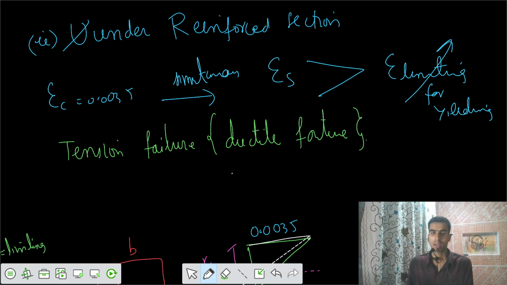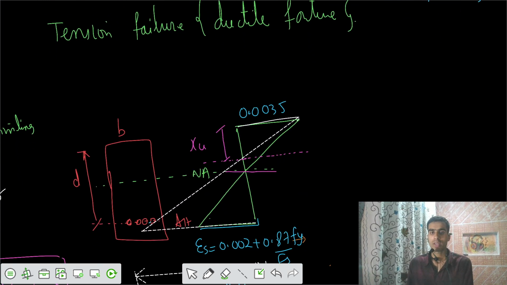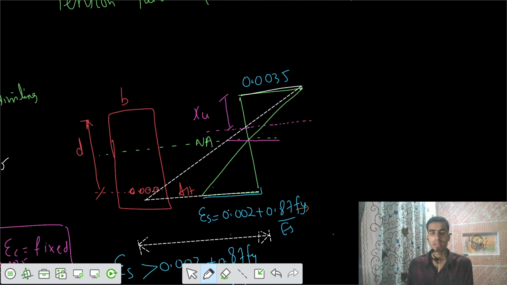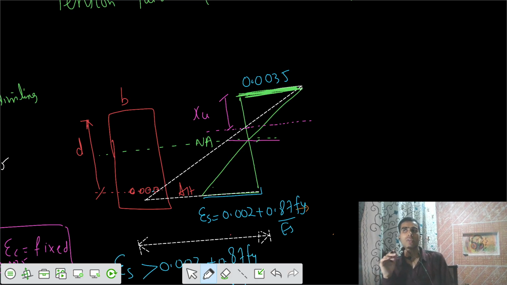That indirectly means before the concrete is going to reach that cracking value of 0.0035 strain, steel has already gone to its yielding value. So strain in steel has already reached the value where it can perform yielding of that steel.